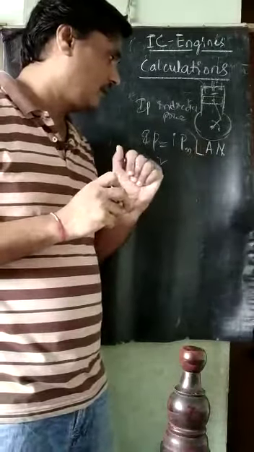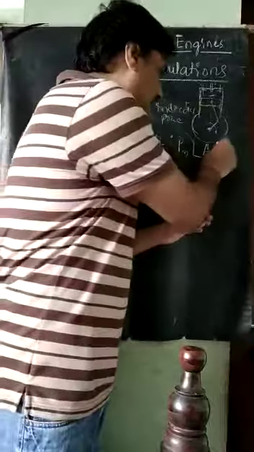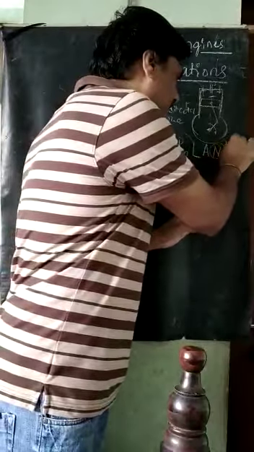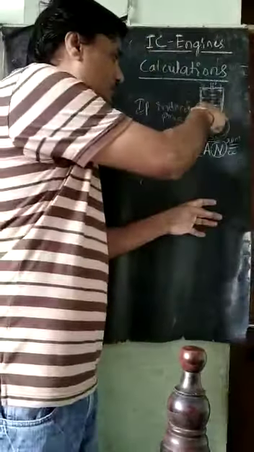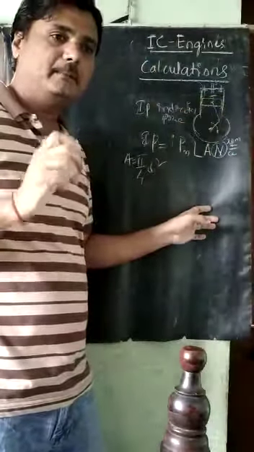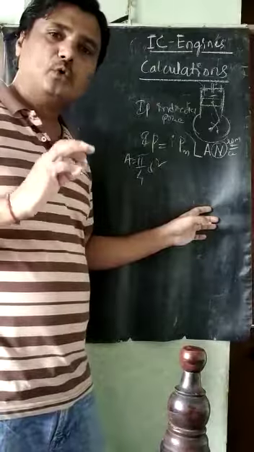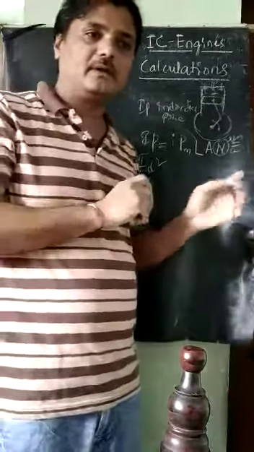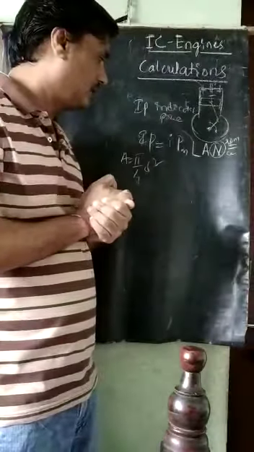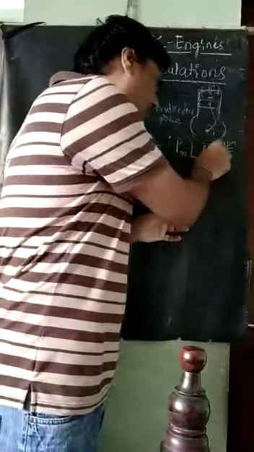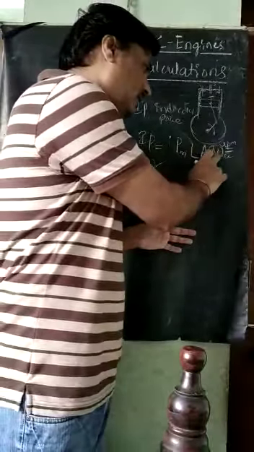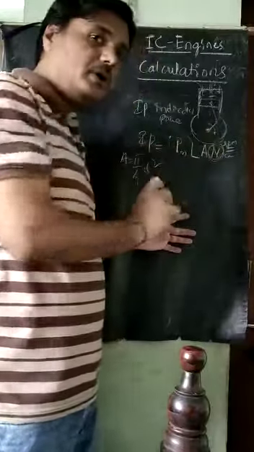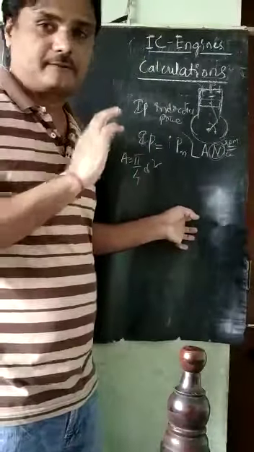L is the stroke. And what is this N? N is the RPM of the crank, revolutions per minute. RPM means revolutions per minute. So what we need now is a unit conversion. We need this unit in RPS in place of RPM.